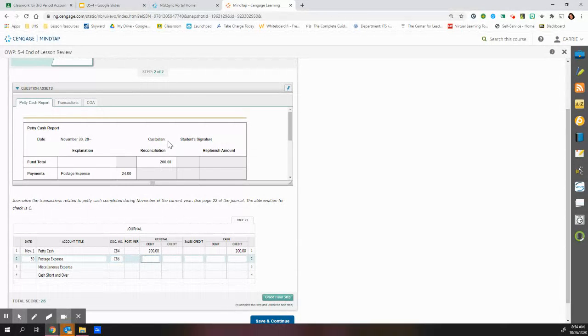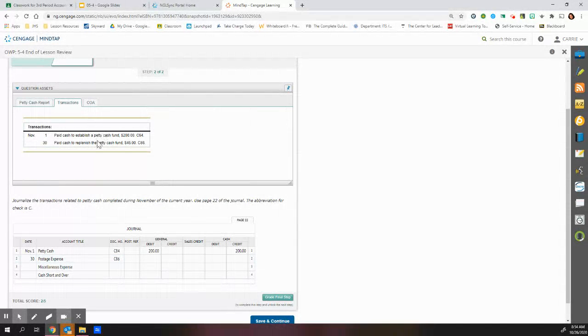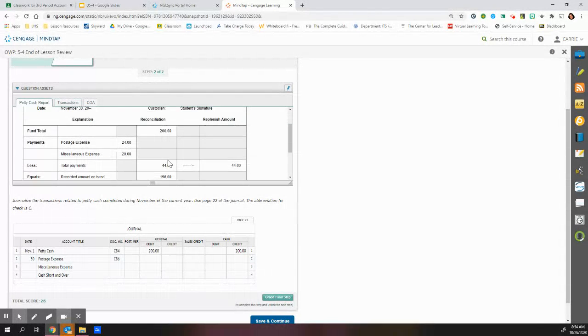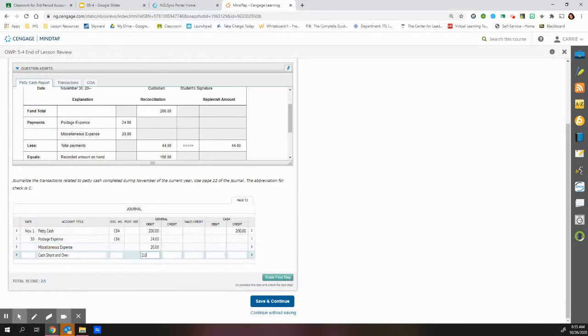And we know that we are writing the check for whatever the amount is, $46. So $24 here, $20 here, and then for whatever we're short, which is the $2, and then our credit is going to be to cash for the whole amount, $46.